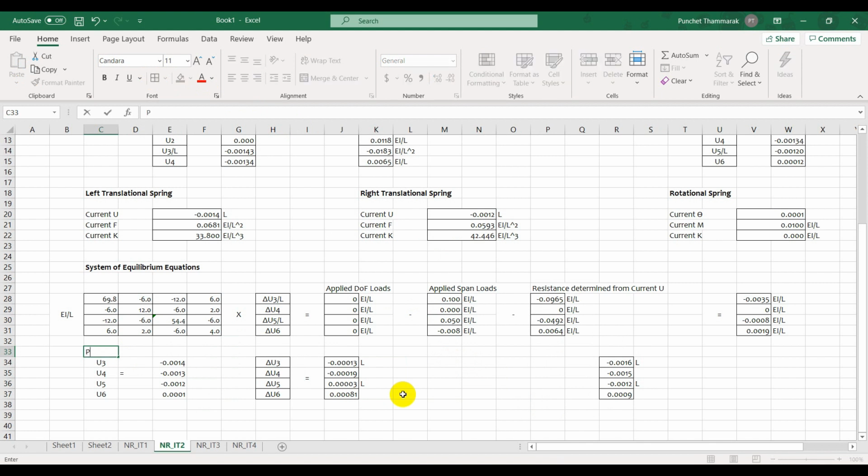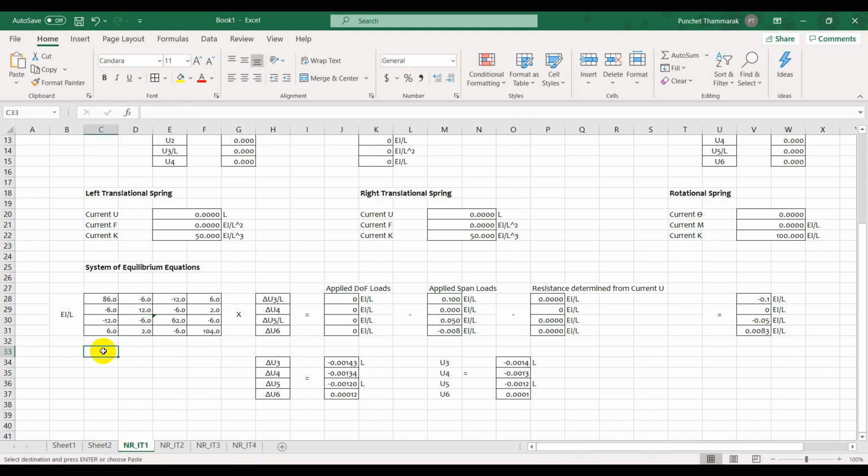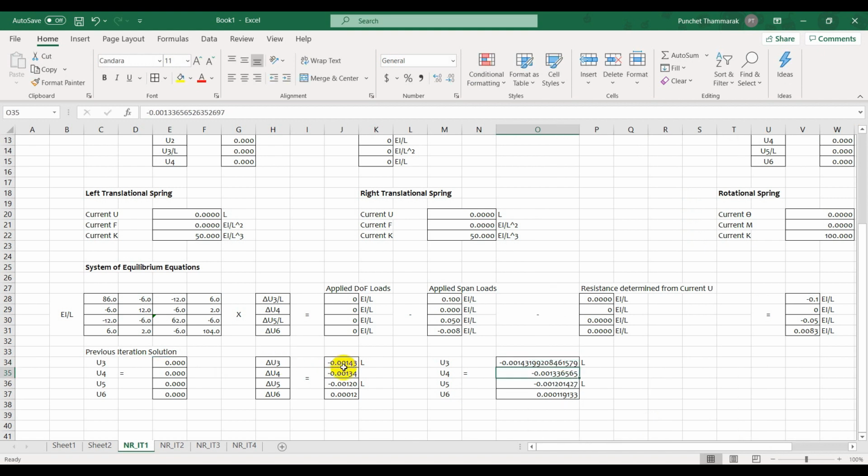Previous step solution. Okay, nice. If we talk about the first one, then we put it here and it's all 0. So this is equal to this plus this, okay?